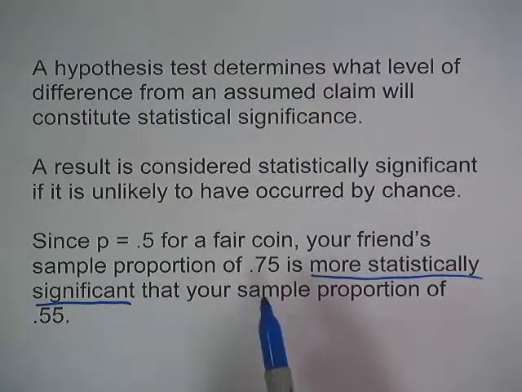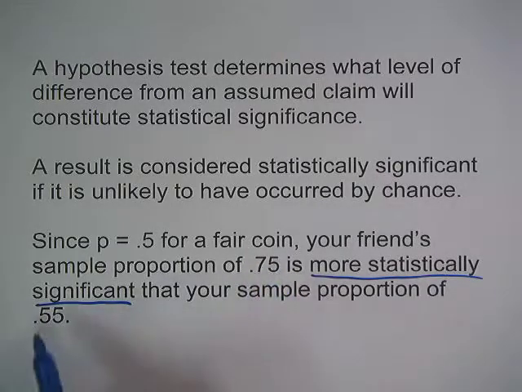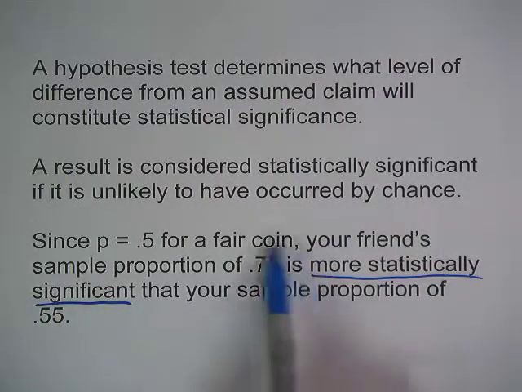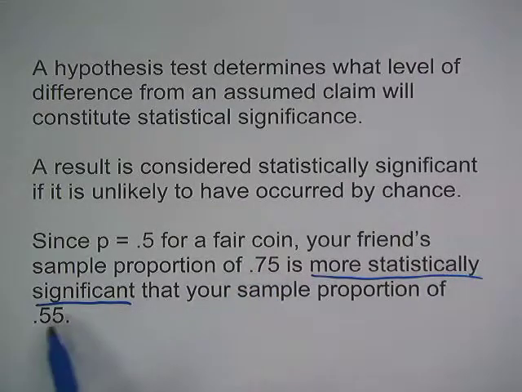So the 0.75 is going to be much more likely to be statistically significant than the 0.55. So we would likely be able to say, it seems like based on your friend's sample proportion, it's probably not a fair coin, but we're not quite sure about this 0.55. We're not sure if that difference is significant enough to be statistically significant.